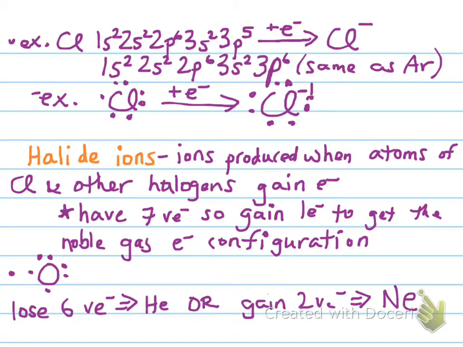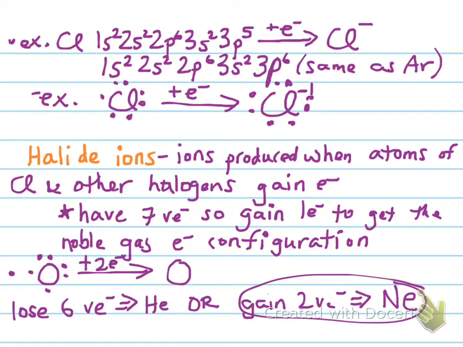It's going to do whatever's less, so it's going to gain those 2 valence electrons. So it gains 2 electrons and becomes oxygen with a negative 2 charge and 1, 2, 3, 4, 5, 6, 7, 8 electrons.